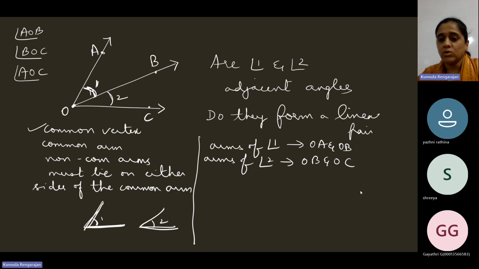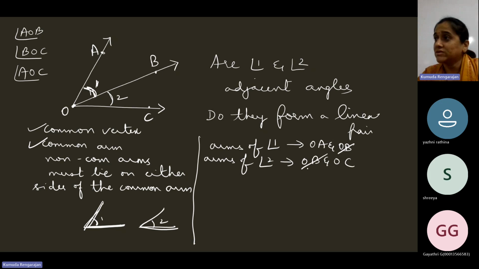Now, do they have a common arm? OA, OB, OB, OC. Which is the common arm? OB is the common arm. Now, which are the non-common arms?